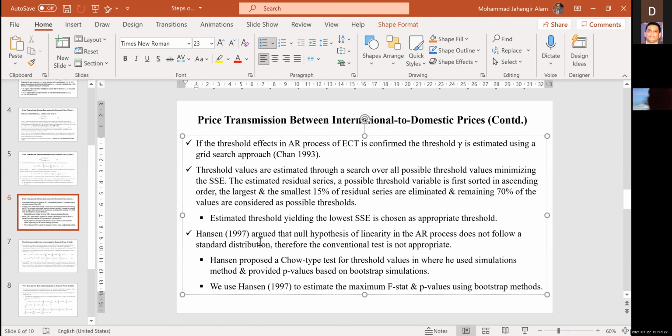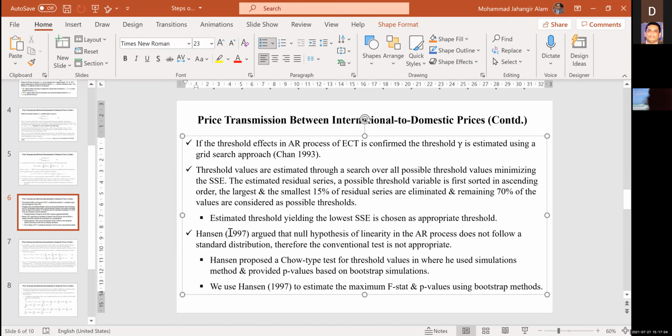So we can't use the standard distribution or the tabulated critical values to see whether the identified threshold value is significant or not. It's possible that you identified a threshold, but it's not really significant, so we can't actually use the threshold model then.